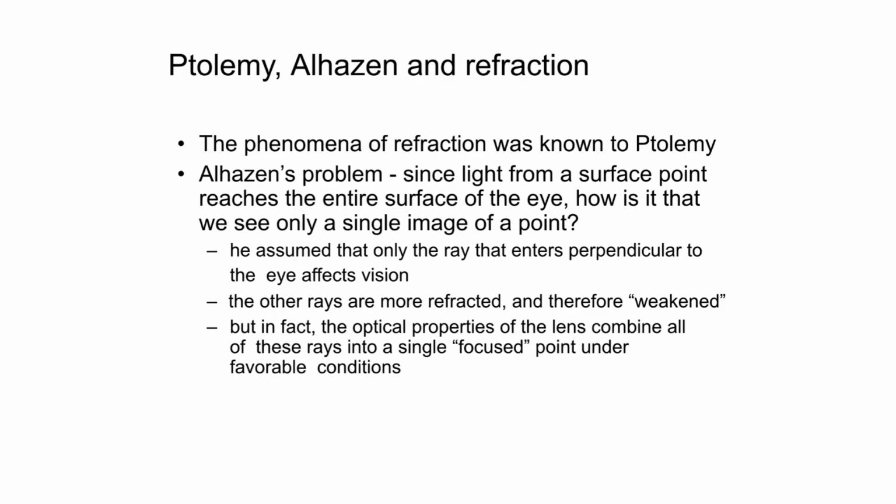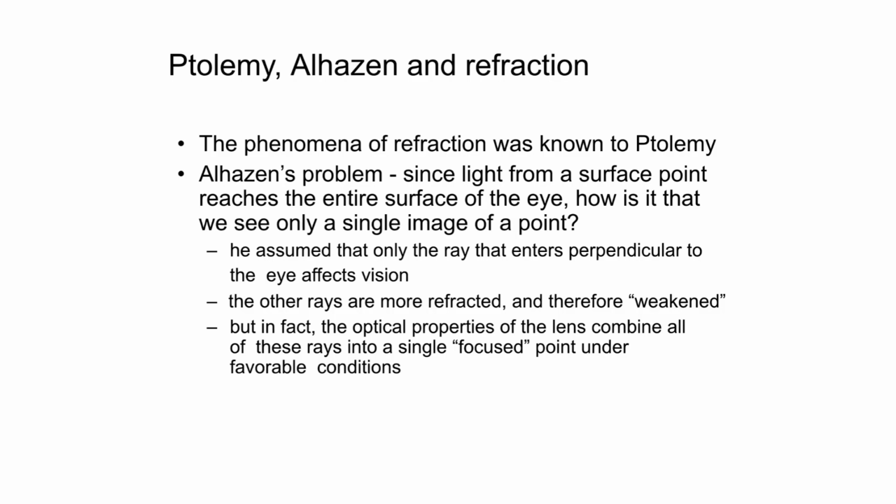But the problem with Alhazen's theory has been that since light from a surface point reaches the entire surface of the eye, how is it that we see only a single image of a point? Alhazen assumed that when the light gets emitted and hits some object, the reflected or refracted light goes in a straight line in all directions in the environment. So if light irradiates in all directions, how is it possible for us to see a single image of a point?